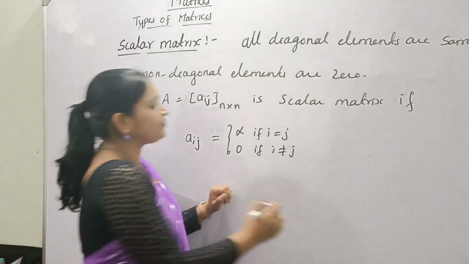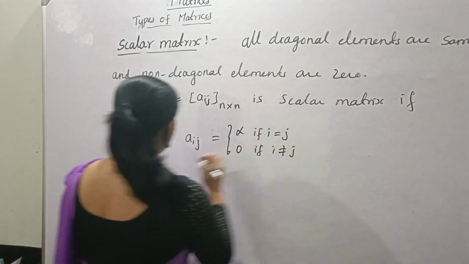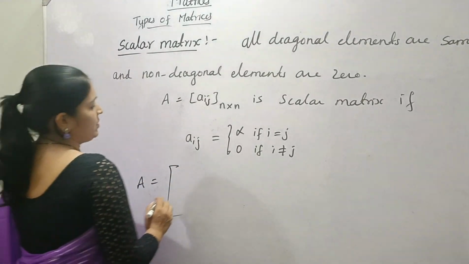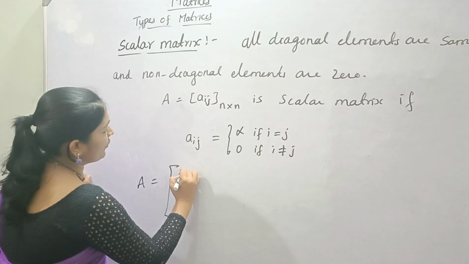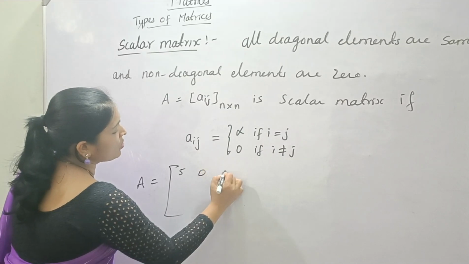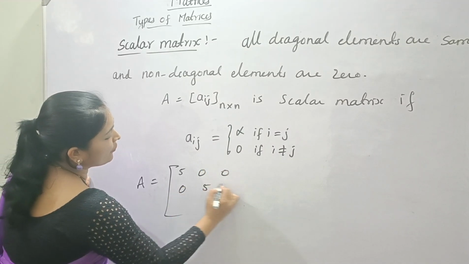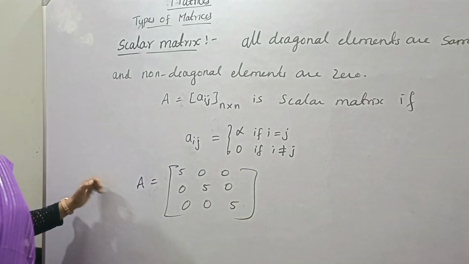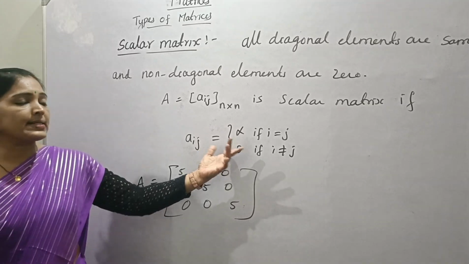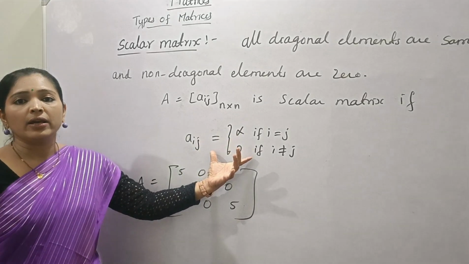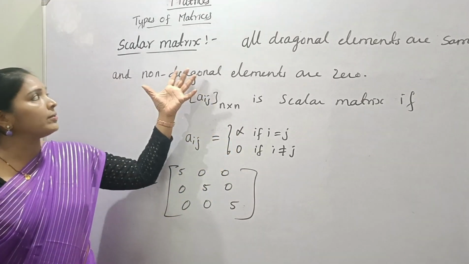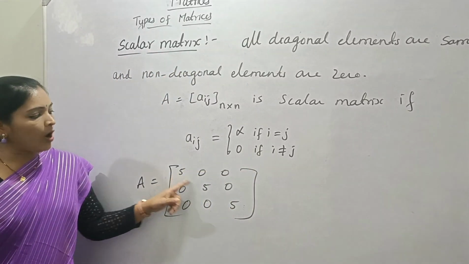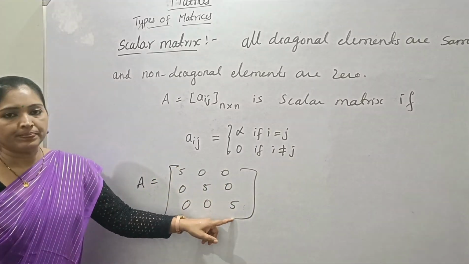Let us take one example. Matrix A is equal to 5, 0, 0, 0, 5, 0, 0, 0, 5. You just compare this, and you will understand quickly how we defined this scalar matrix. Here all the diagonal elements are the same.